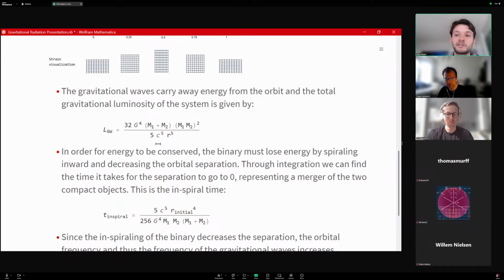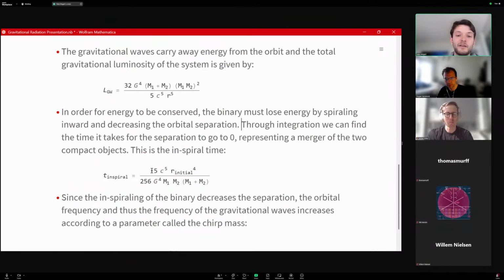And so then we can just integrate to find the radius as a function of time, and we can use that to find how much time needs to elapse for the separation to go to 0. And this is called the in-spiral time. Compared to the previous calculations, that's actually not too difficult to do from just this information here.